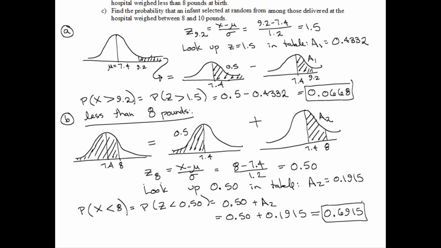Now let's find the probability that a randomly selected infant weighs between 8 and 10 pounds.